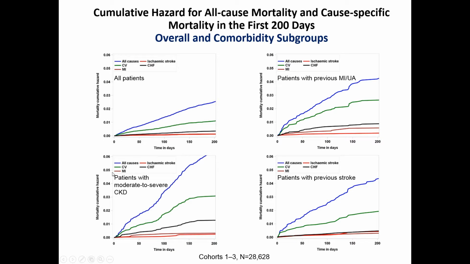If we look at patients who are recruited and have a baseline severe chronic kidney disease, we see again that the mortality is much higher, that cardiovascular is now only about half of this mortality, but heart failure is a large component.